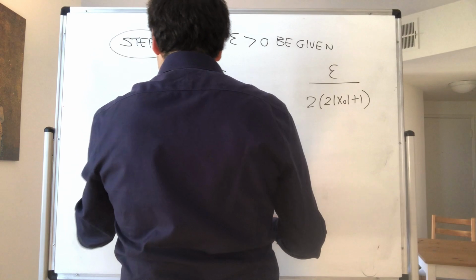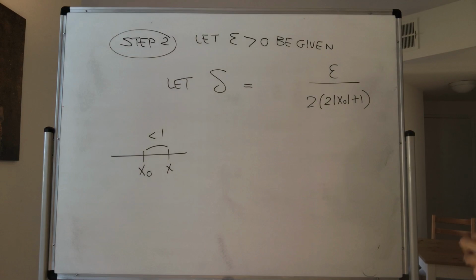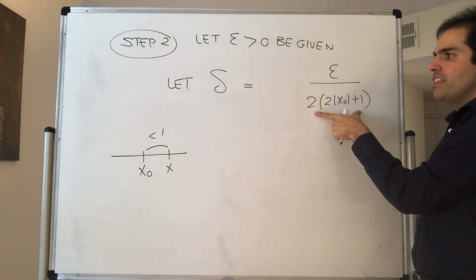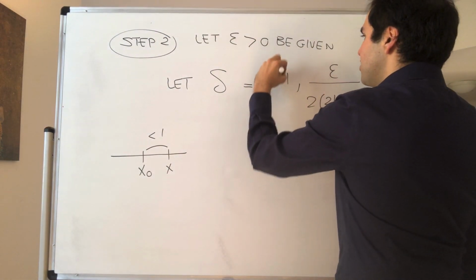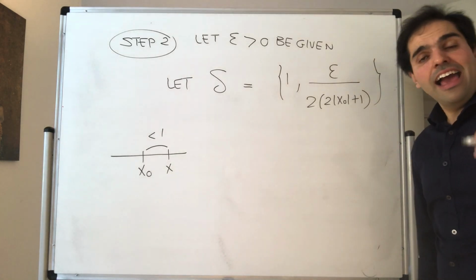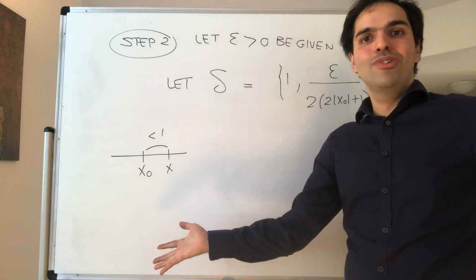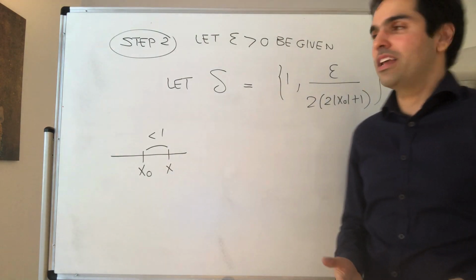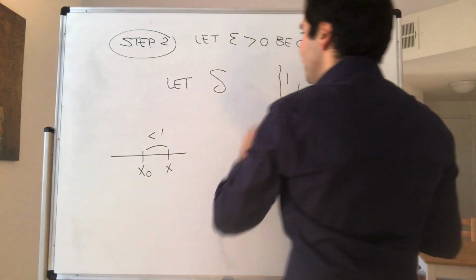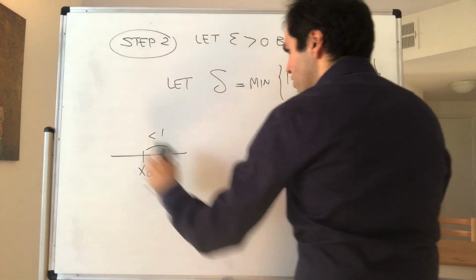We said that we needed x to be at most 1 away from x naught. So, which suggests that we not only choose delta to be this, but delta to be something involving 1 and epsilon over the gibberish. And before, remember we had capital N was the maximum of 2 things because we wanted capital N to be large. Here we want delta to be the minimum of the 2 because we want delta to be small.